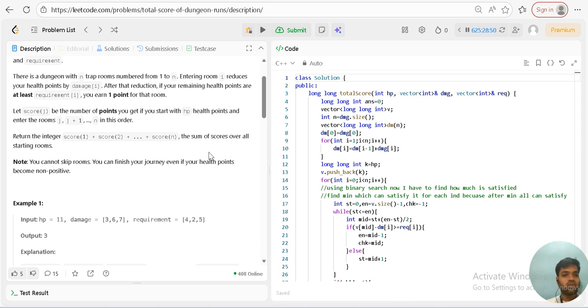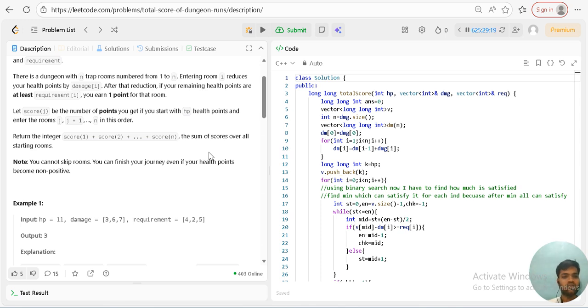At that moment, how many points can we collect. And the second is score 2: I skip room number 1, start with the second room and reach till n. And similarly for third, start with third, start with fourth till n.